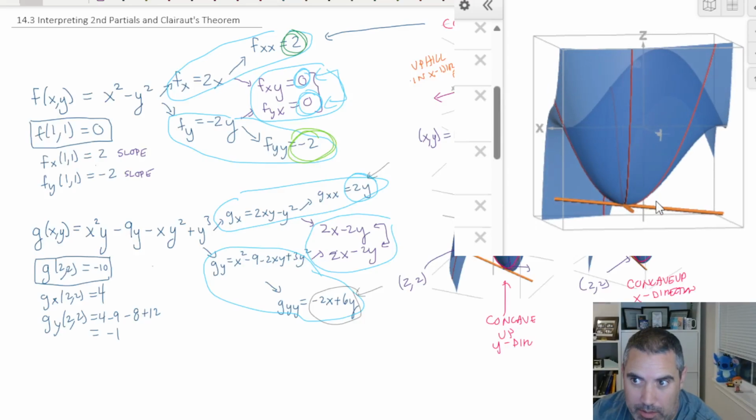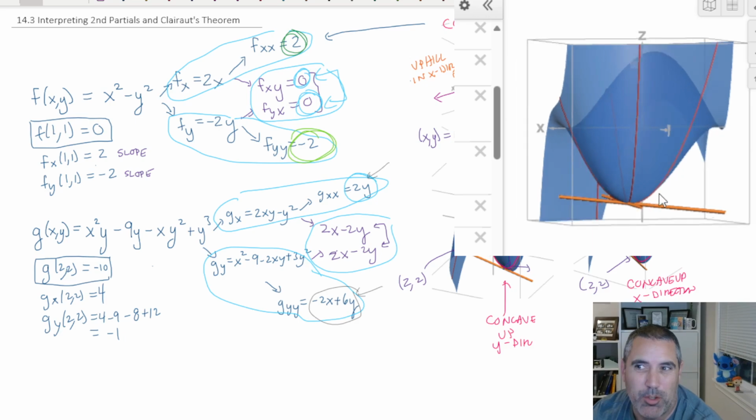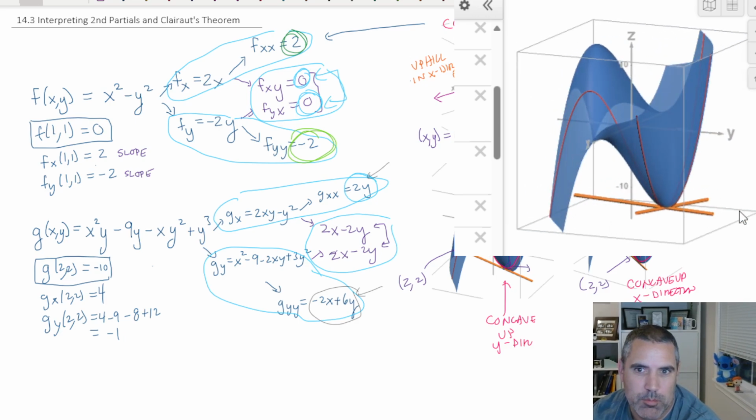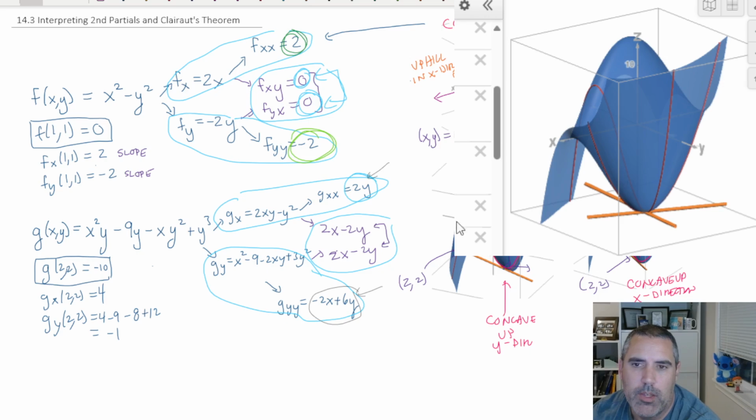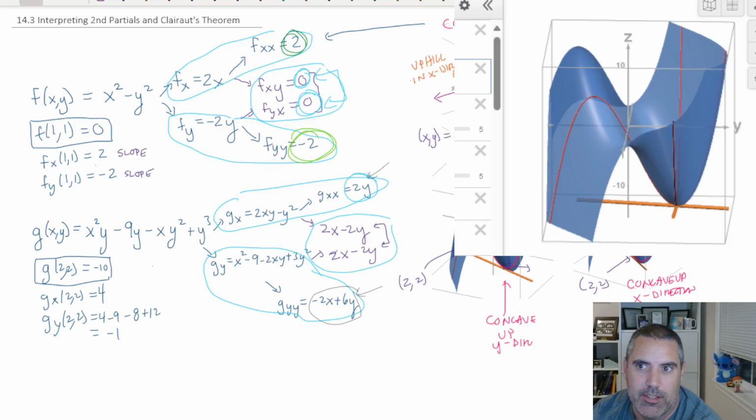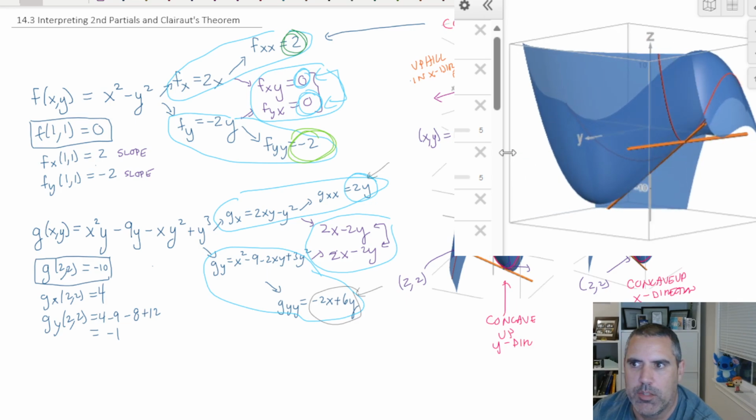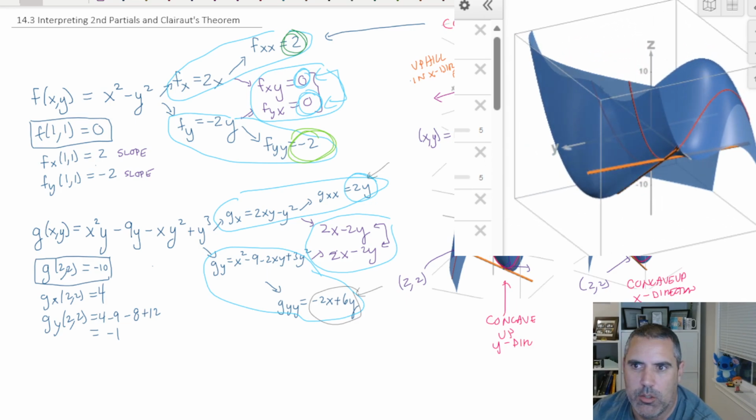In fact, at that low point, it's concave up in all directions, which means it's some sort of minimum. The mixed partial ensures that something weird is not happening in another direction. So we'll talk about that. We won't do a formal proof, but it helps us check if we have a so-called saddle point, because it is possible to have a point where the slope is 0 in both directions and have it concave down one way and concave up another way.